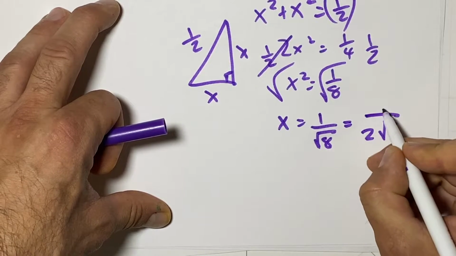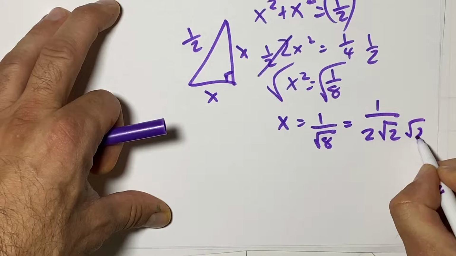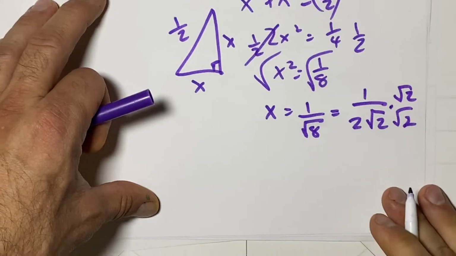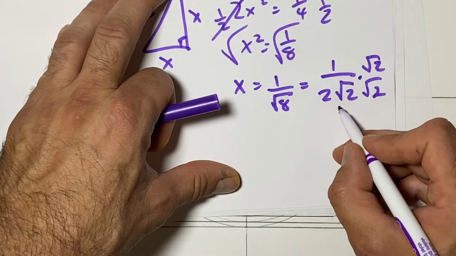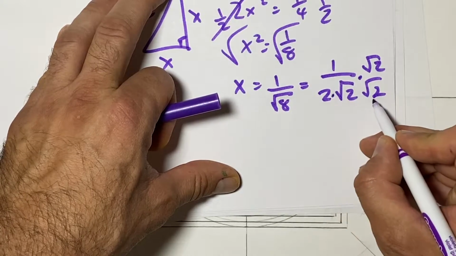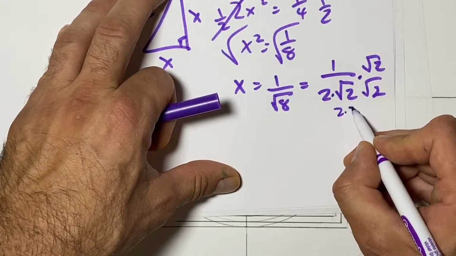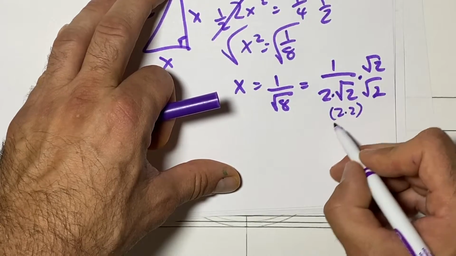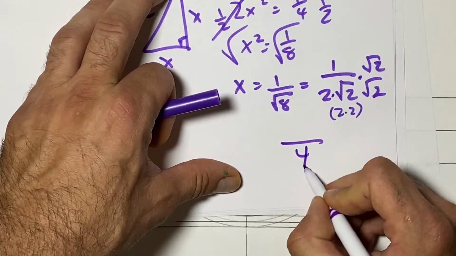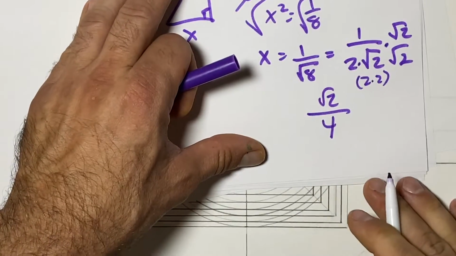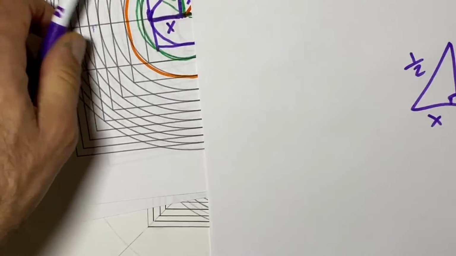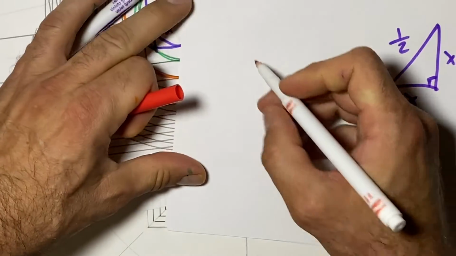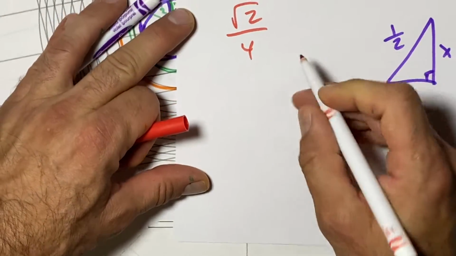And once again, we're going to rationalize by multiplying the top and bottom. So the bottom becomes 4, and the top becomes radical 2 over 4. And now that is our hypotenuse, radical 2 over 4.